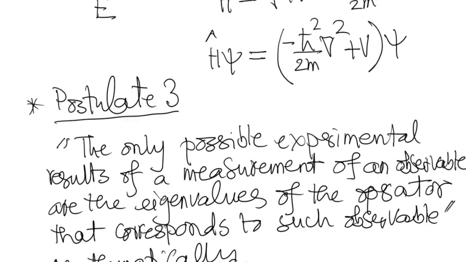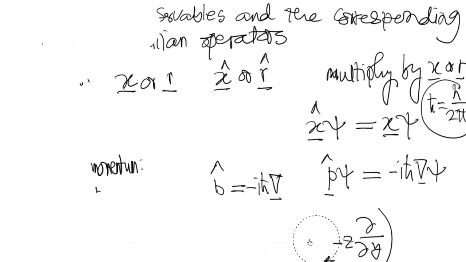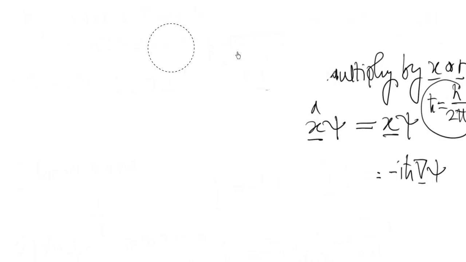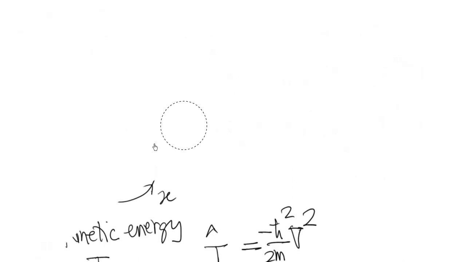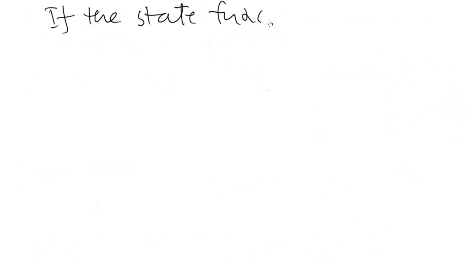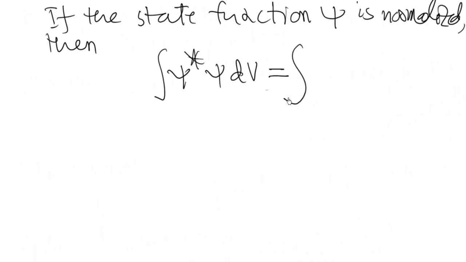If the state function psi is normalized, then we know the normalization condition: the integral of psi star psi dV, which is modulus of psi square dV, is equal to 1, because the total probability is 1.